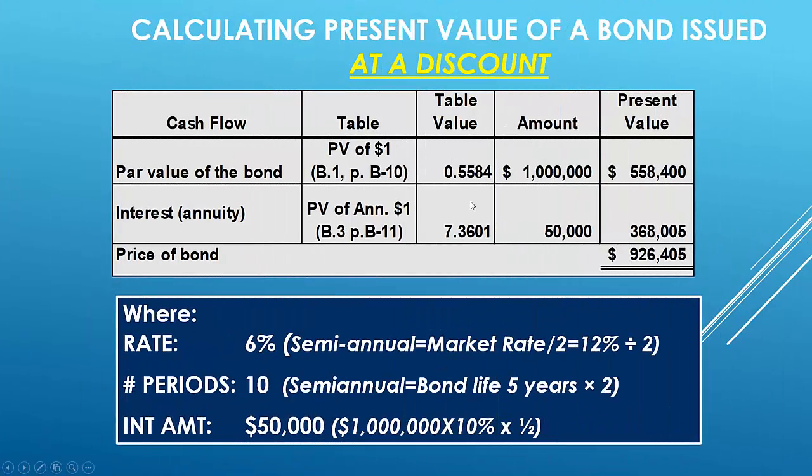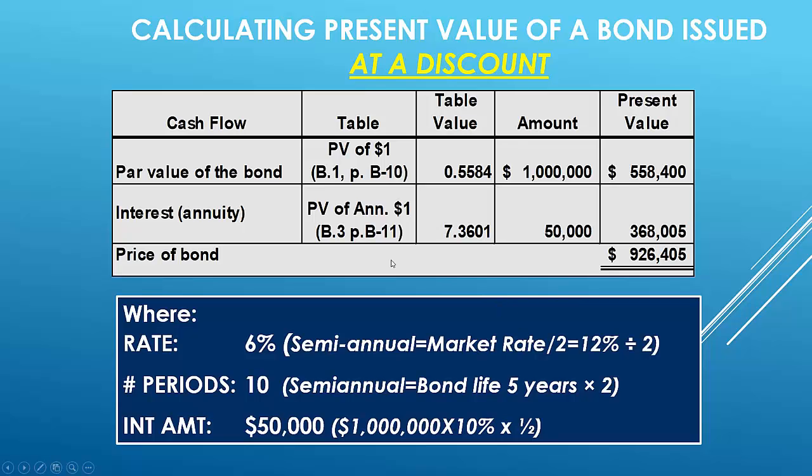Okay, but you can also use the present value tables that you find in the back of your book, and those are your factors right there, and you can see that as a bond issuer, I'm only going to get $926,405 for that, but at the end, I still have to pay my bondholder back the $1 million, and I still have to pay them interest.